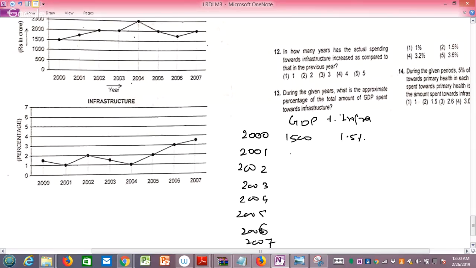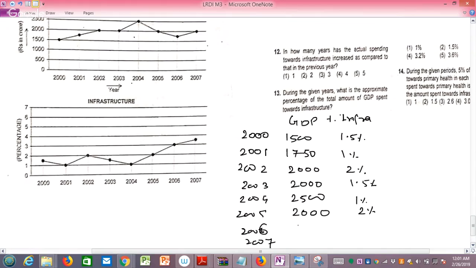उसी तरह 2001 में it is 1750 and percentage में it is 1%. 2002 में if you see तो 2000 है, percentage में it is 2%. 2003 में it is how much, again 2000, percentage में if you see 1.5%. 2004 में it is 2500 रुपीस करोड़ में, and then 1%. 2005 में it has moved to 2000, and 2%.